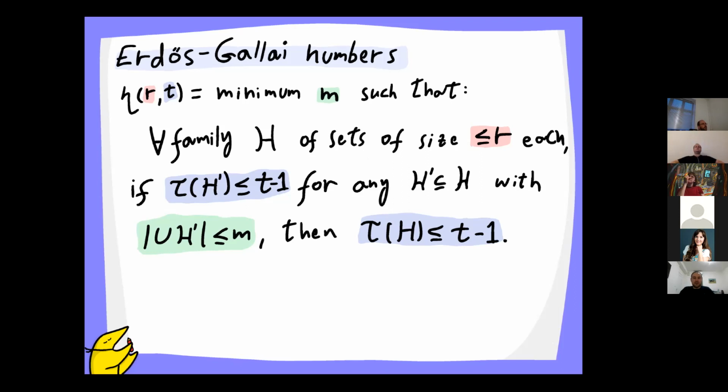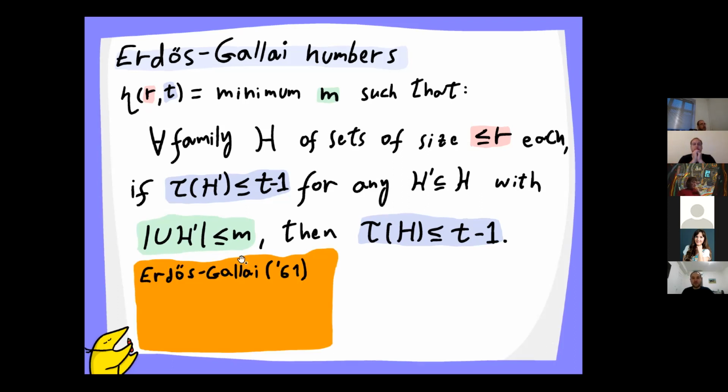Okay, so it is not clear that such an m exists at all, but this was proved by Erdős and Gallai, and they also found the exact value of this number, eta r t, in some special cases.